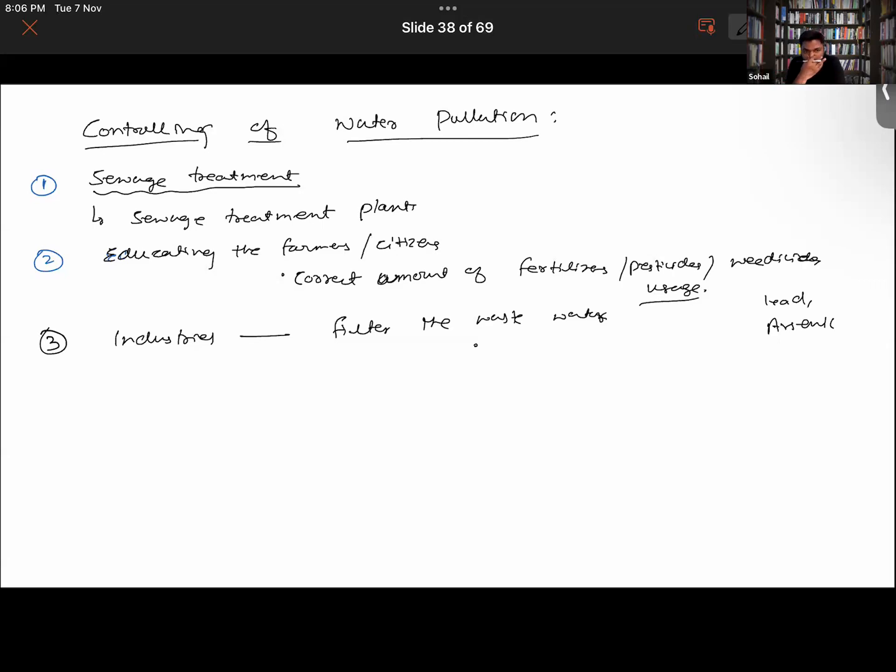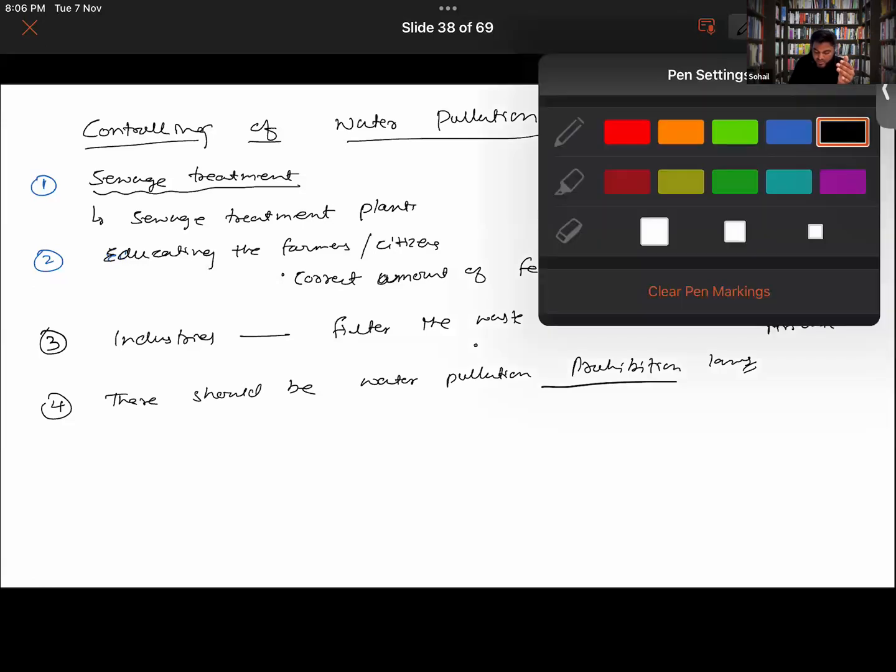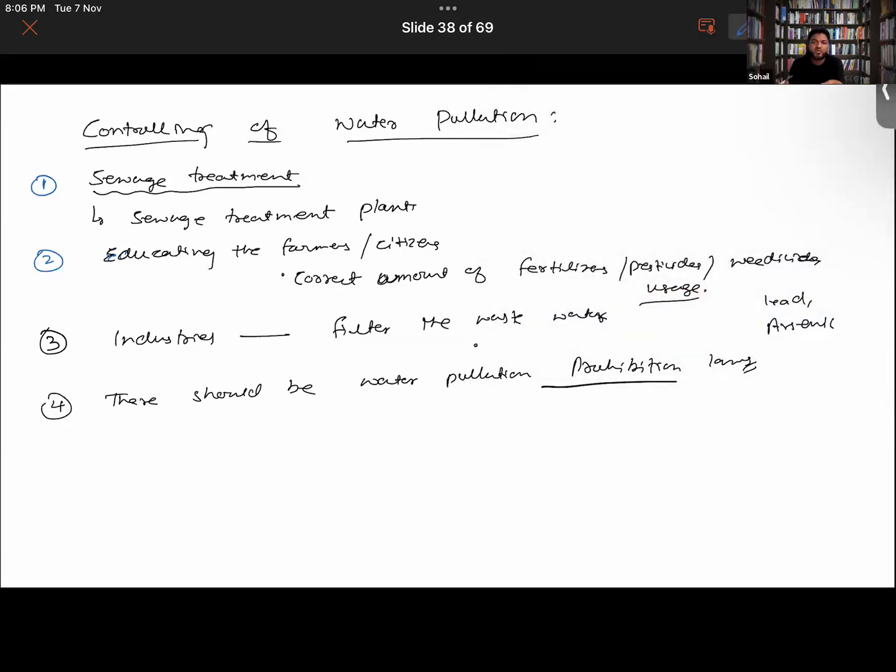Okay, and we know that water pollution prohibition laws should also be there. Those laws should be implemented, because if you educate people and convince them not to use toxic substances or dump toxic waste into the water, they will not really listen.